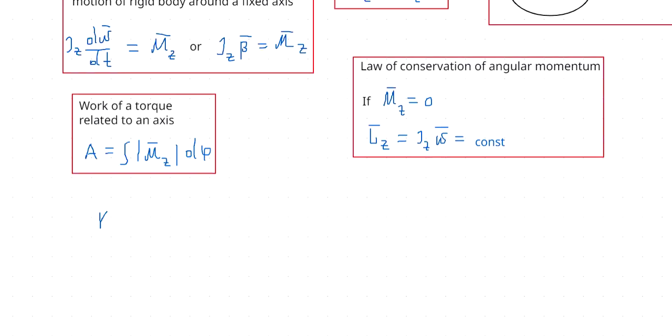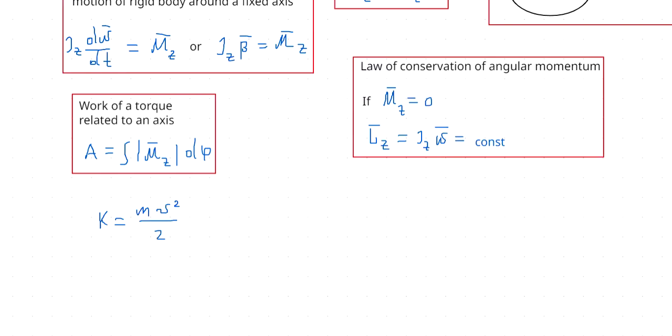If there is no rotation, kinetic energy will be m v squared divided by 2. But what will be in a case of rotation around the fixed axis?